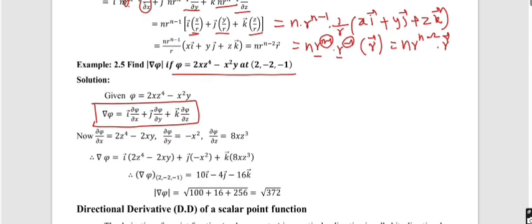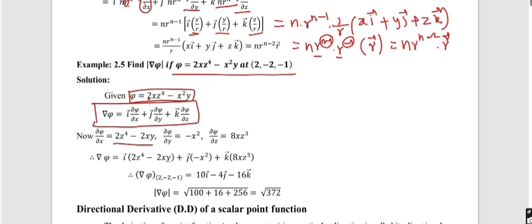First we find dou phi by dou x. Differentiating phi with respect to x, the first term 2x z power 4 becomes 2z power 4, minus differentiating x square y with respect to x, we have 2xy. That is, dou phi by dou x is 2z power 4 minus 2xy.